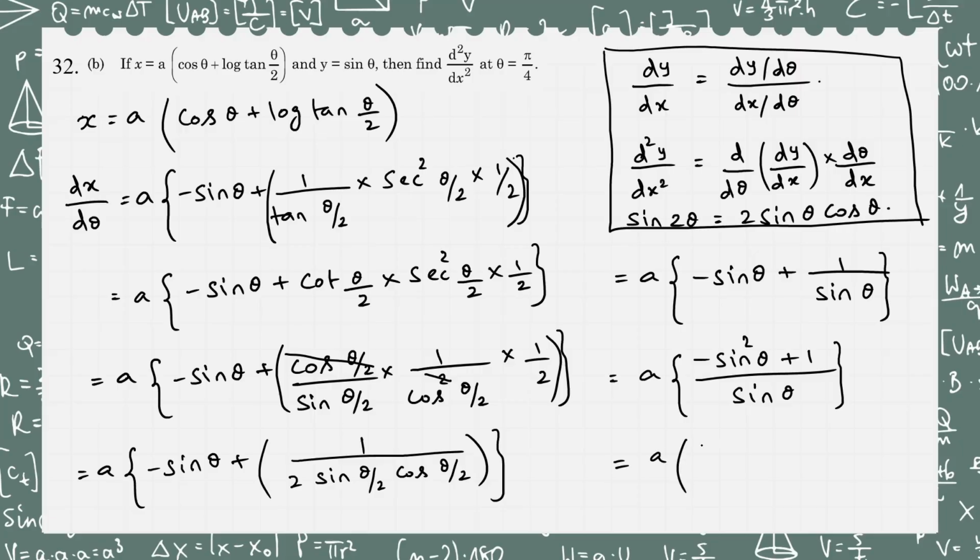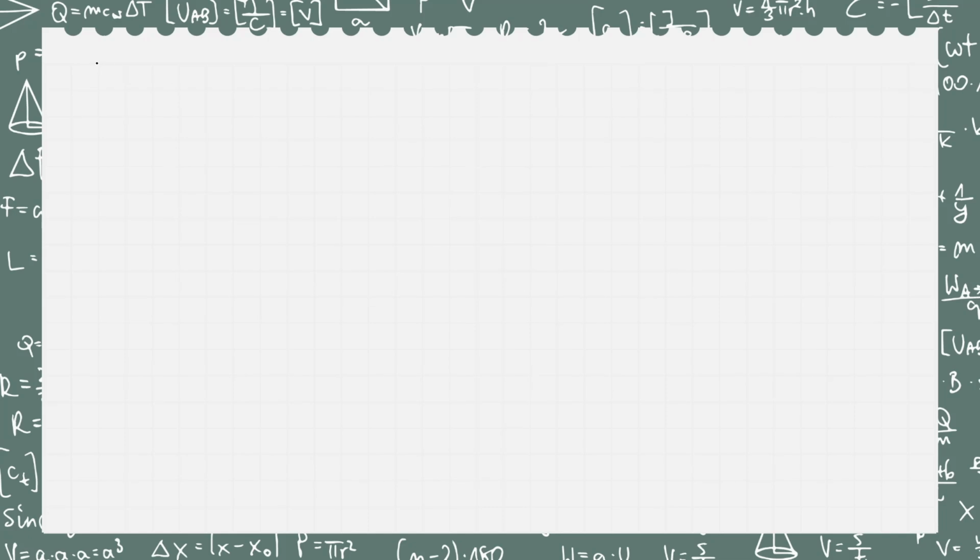So a times cos square theta by sin theta, and this we can write as a into cos theta by sin theta into cos theta. So this will give you a cot theta cos theta, since cos theta by sin theta is cot theta, and that other cos theta stays the same.